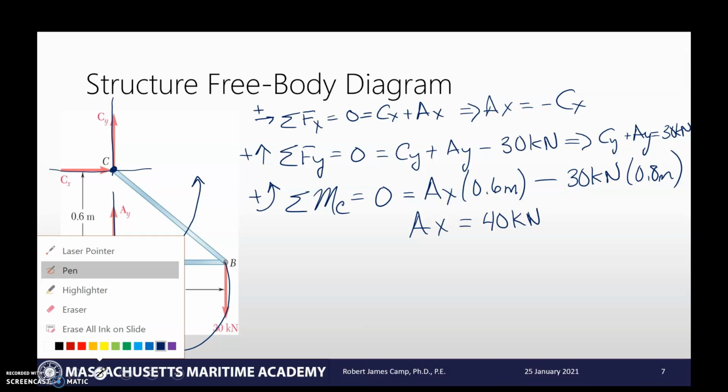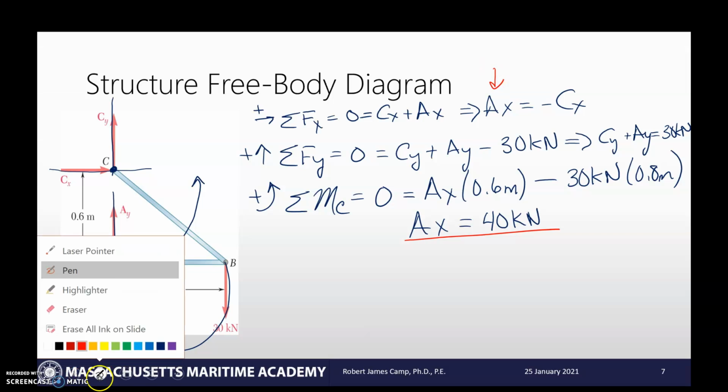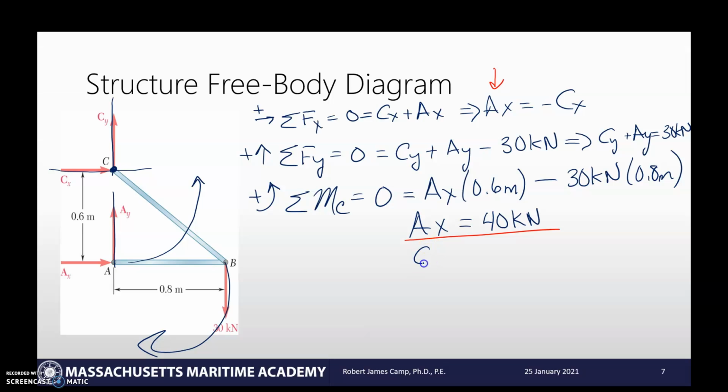Let's underline that. So there's the first part of our problem, and then we can drop Ax in there, and that's going to tell us that Cx is equal to negative 40 kilonewtons. And all that really means is we drew the Cx in the wrong direction. So we will end up changing that.